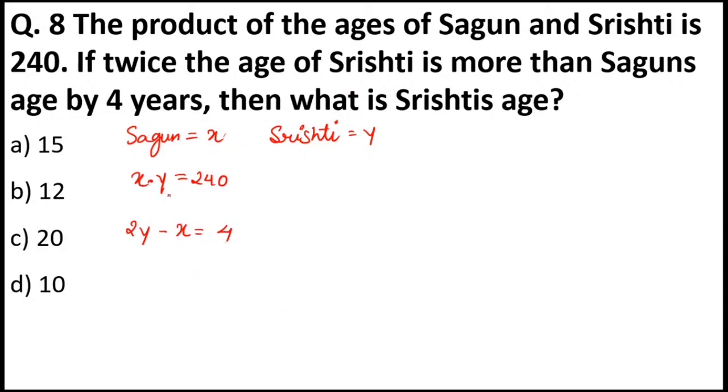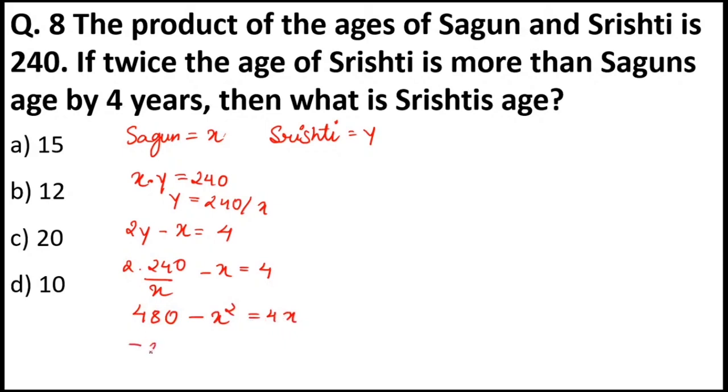What can I write? Y can also be written as 240 upon x. Okay. So y I can write as 2 into 240 upon x minus x is equal to 4. Okay. So this will be 480 minus x square is equal to 4x. Right. And students, 4x will come this side.